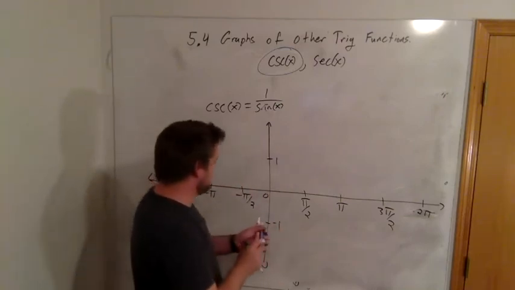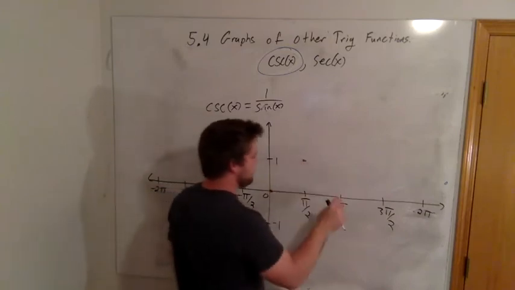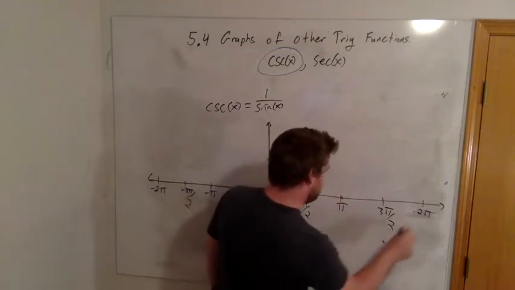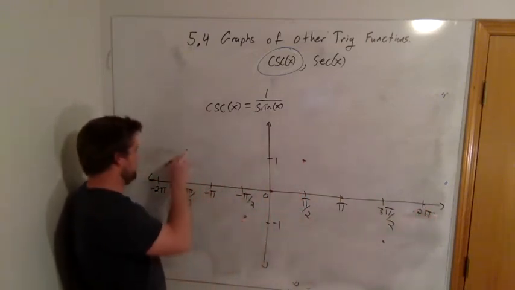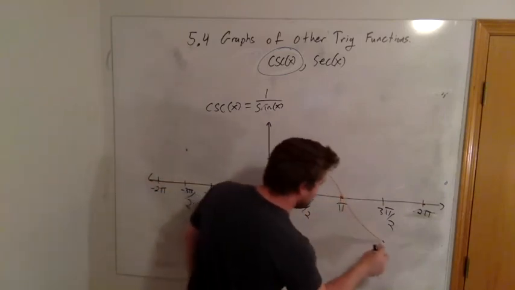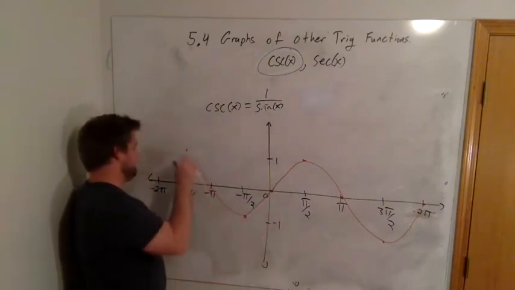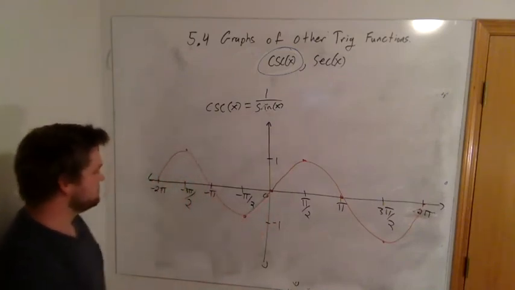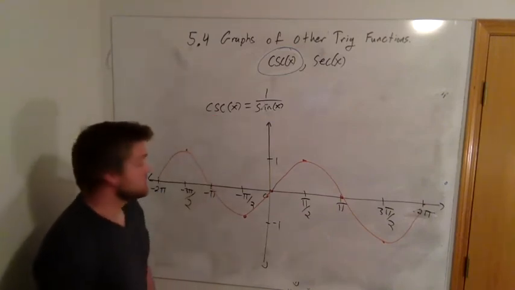Sine starts at equilibrium. So we'll go here, here, here, here, here. So here's the graph of sine. Looks like I drew 2 periods.